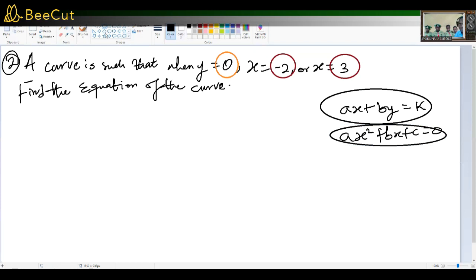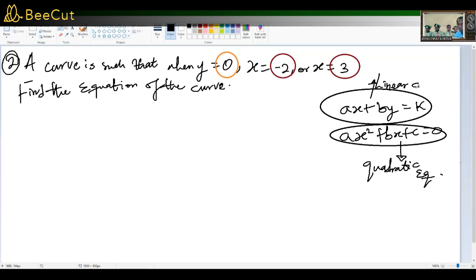When it has square, this one is called a quadratic equation. The other one is called a linear equation. It's a straight line, the equation of a straight line.